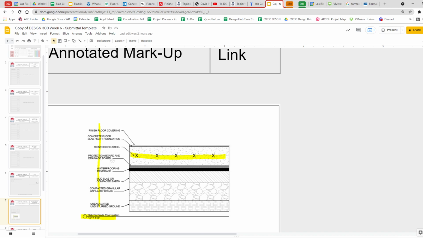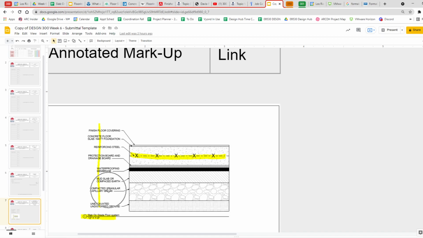So get rid of this one, and you would have to redraw this. Or they'll say, nope, our rebar, I want a different image in for the rebar. Or maybe they don't do the mud slab and compacted earth. They just put the gravel down.